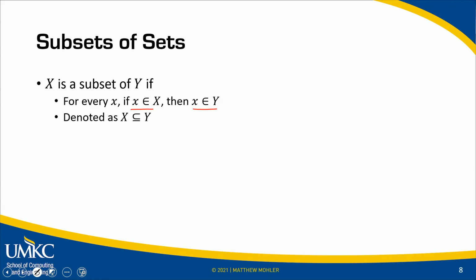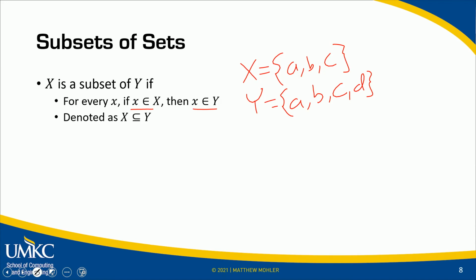So if we go back to that same example where we have an X that is equal to A, B, and C, and a Y that is equal to A, B, C, and D, then we can look at this and say that for the set X, there is an A, a B, and a C represented. So we have met this condition, and therefore X is a subset of Y.